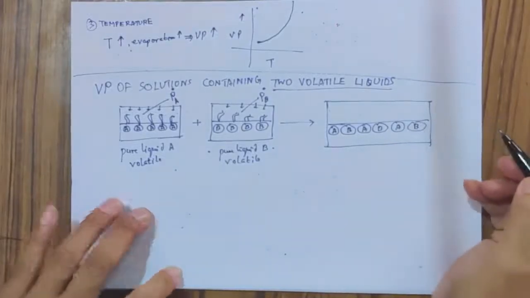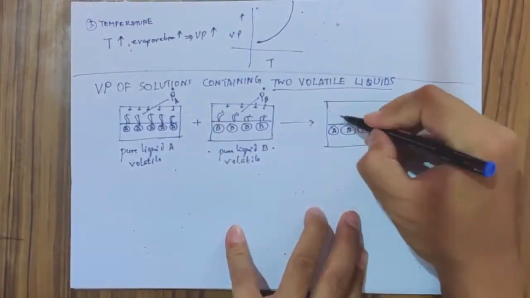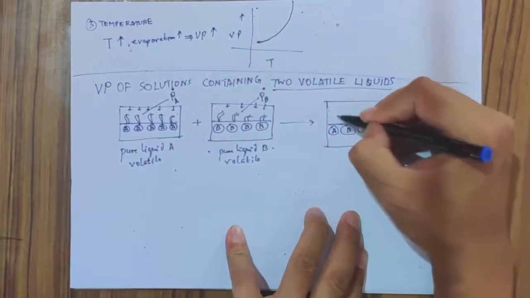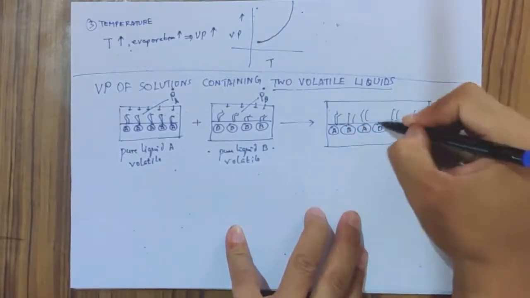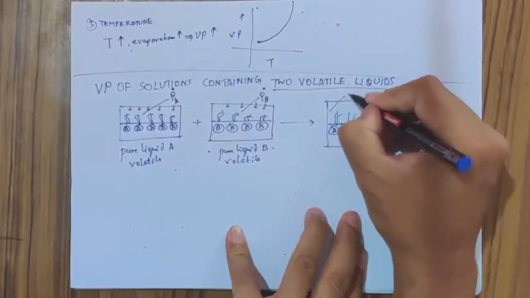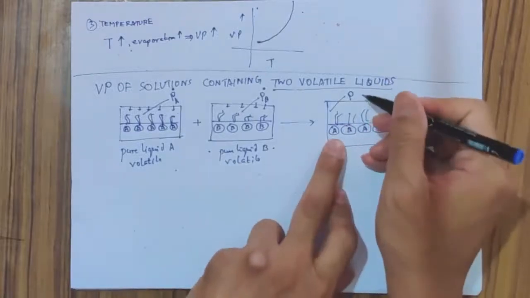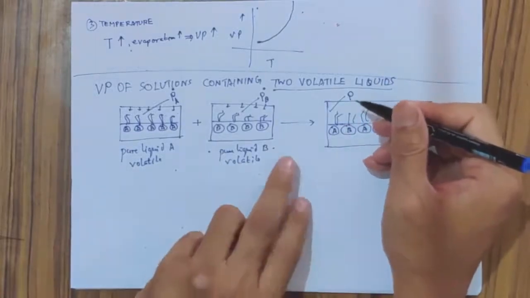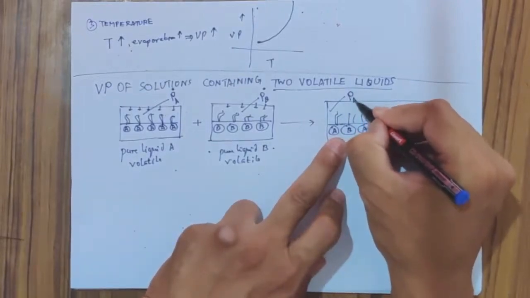A and B. The pressure due to A we just call PA.